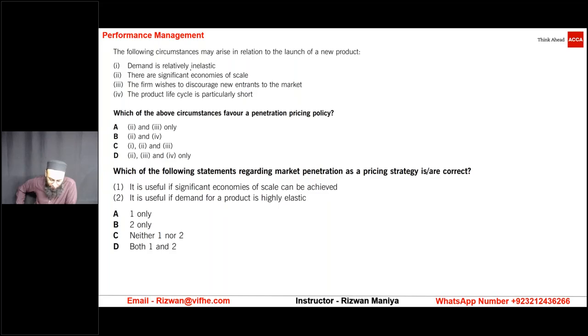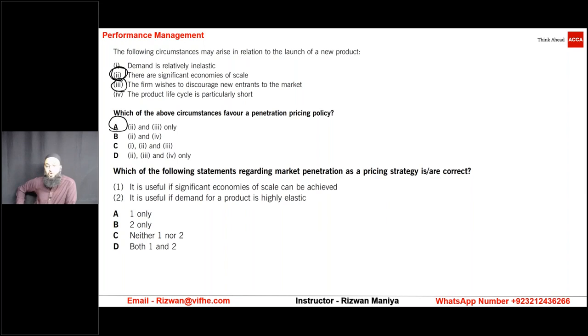Which of these circumstances favor a penetration pricing policy? In penetration, the business reduces the price to discourage new entrants, and there are significant economies of scale that help you reduce the cost and hence the price. So the answer is A.